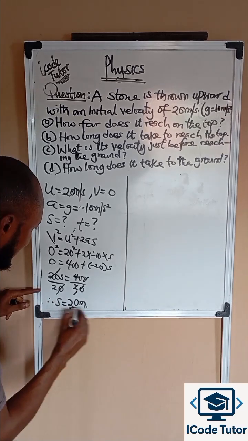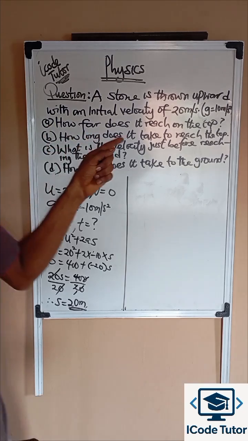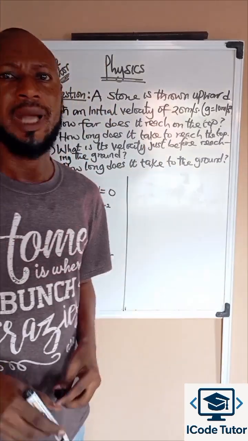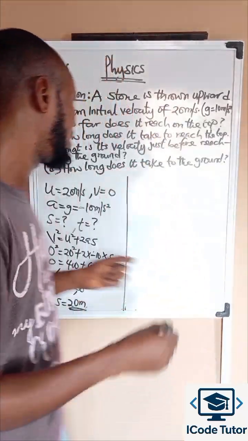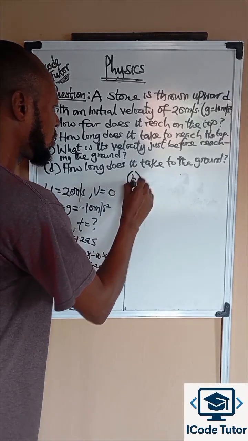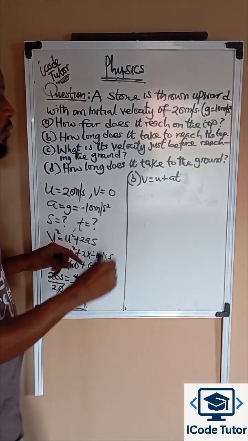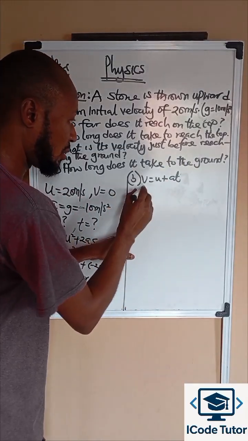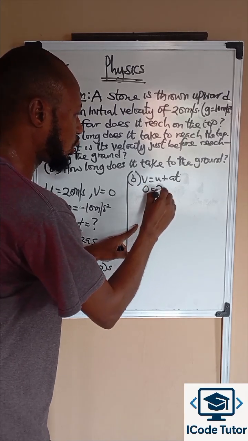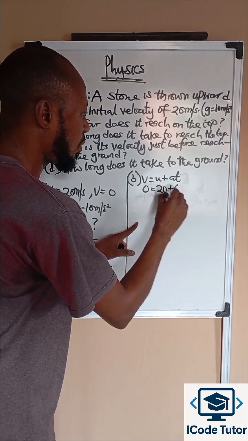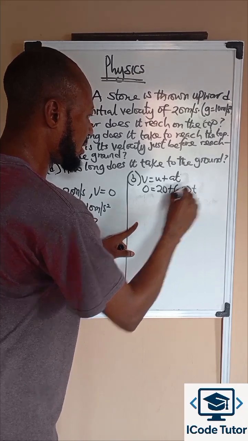That is the distance. Now, the next question is, how long does it take to reach the top? How long is time. Let's use v equals u plus at. Now, v is 0 equals initial velocity, which is 20, plus our acceleration, that's minus 10t.